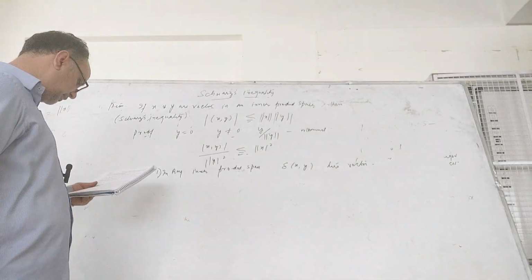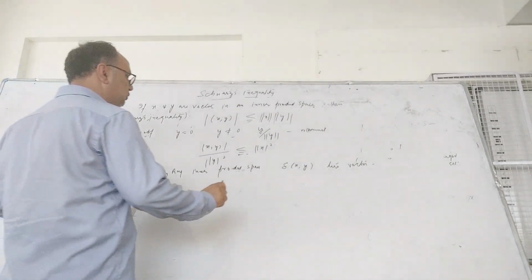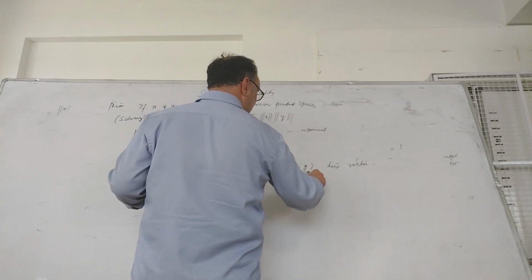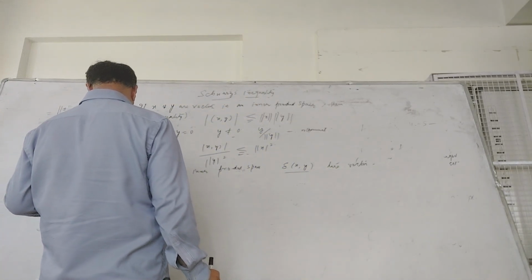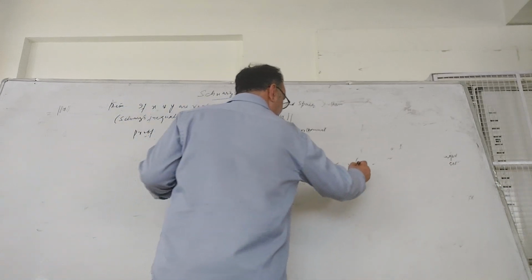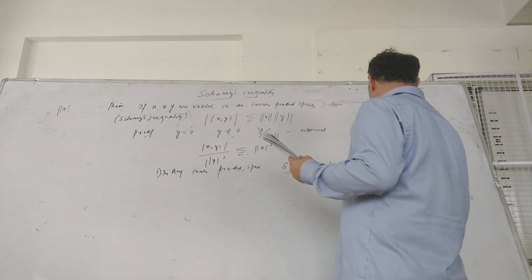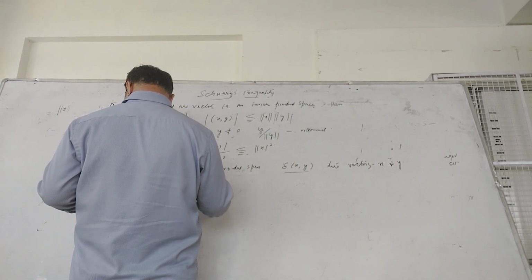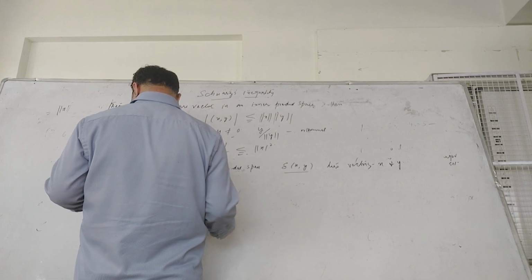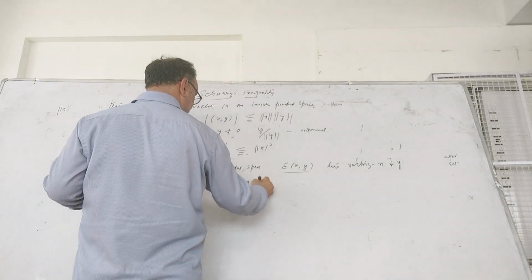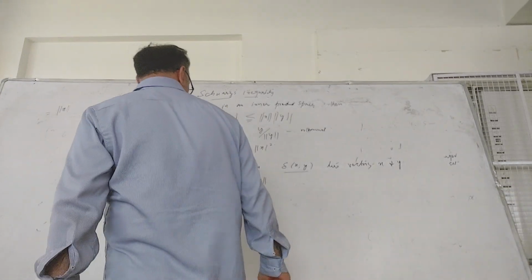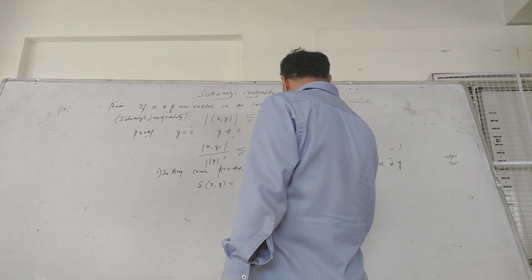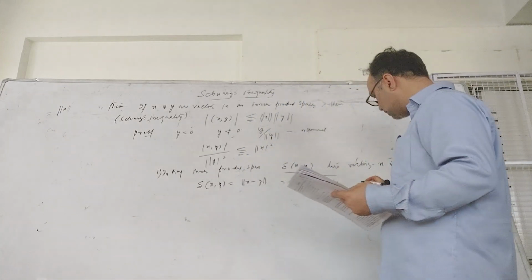In the same way, in any inner product space, the distance between two vectors x and y is defined as the norm of x minus y.